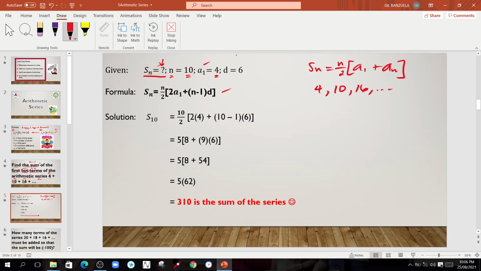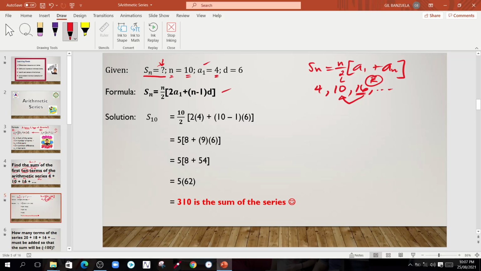And so on. So, paano ba kumuha ng common difference? Let's recall sa ating arithmetic sequence. Kumukuha tayo ng common difference, guys, by subtracting from the right side, kung ano man yung pinaka-last term dyan sa right side, towards its left, until we arrive at the first term.